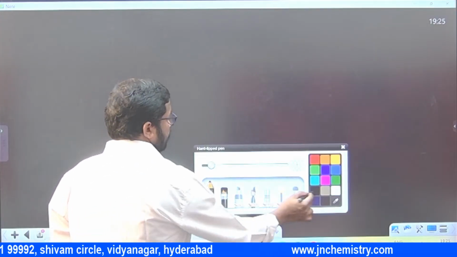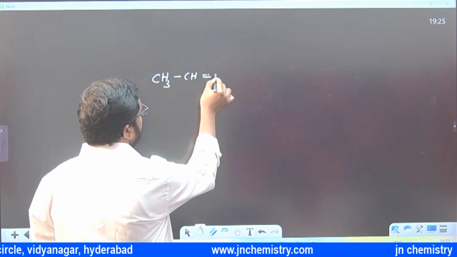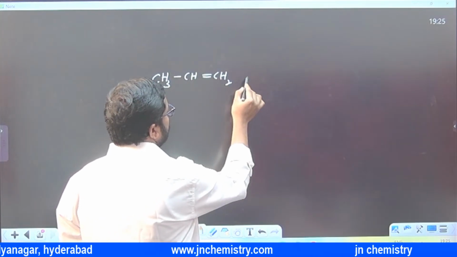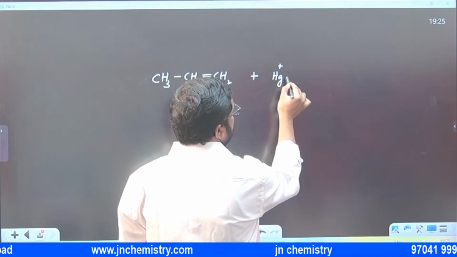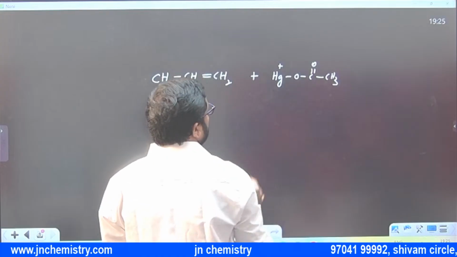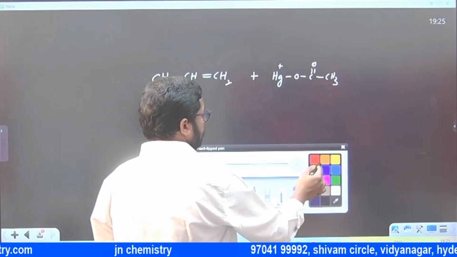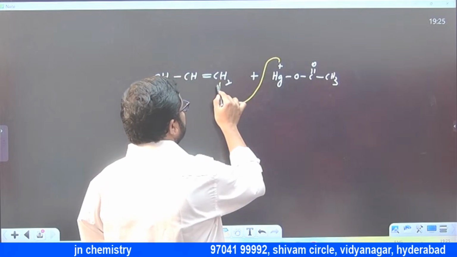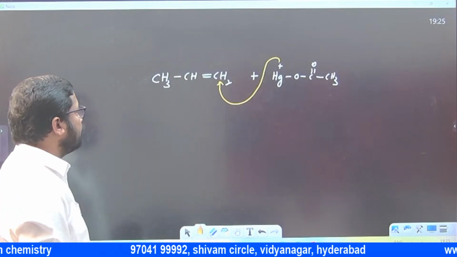For example, CH3CH=CH2. First H+ with Hg(OAc)2, the electrophilic addition reaction takes place. The mechanism: H+ is coming and attacking over here, and a non-classical carbocation is forming.